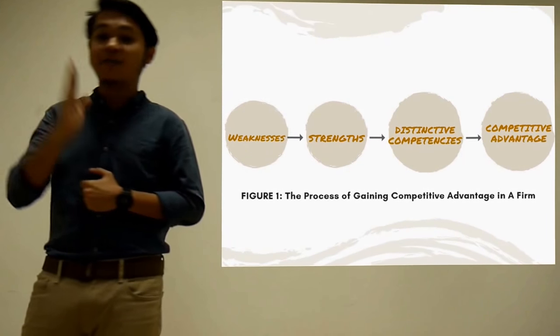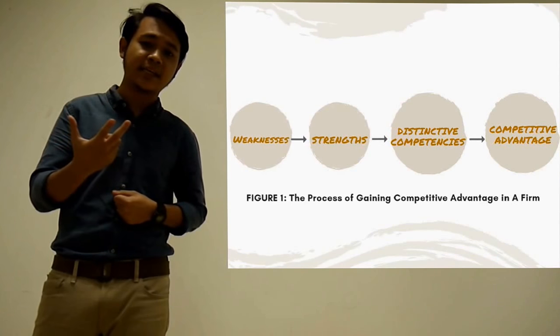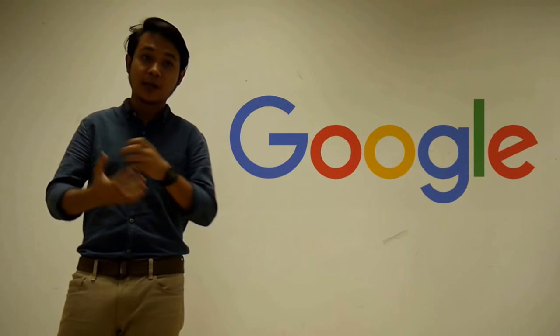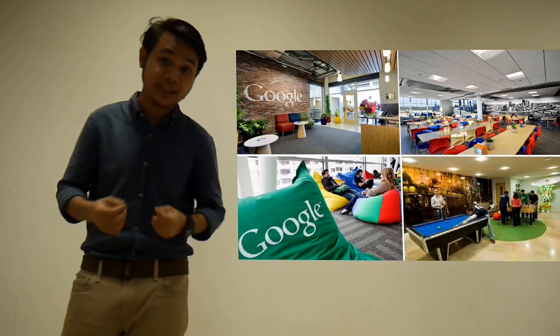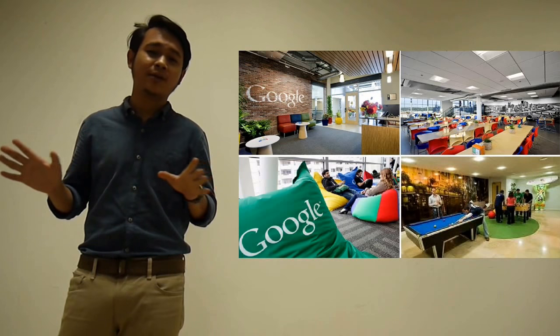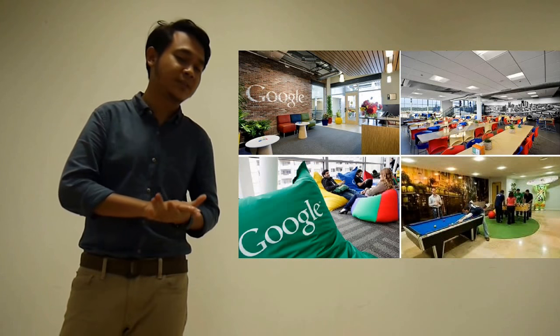Okay, I forgot. An example of distinctive competency is, for instance, the Google company. In the Google company, they take care of their employees and staff very well, with a very good, comfortable environment, so that their staff performs well.